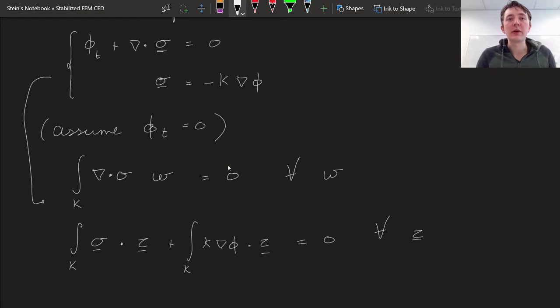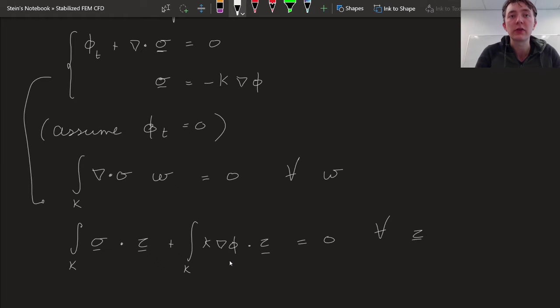So what was the next step in our derivation of the discontinuous Galerkin method? Well, we did integration by parts, and we did integration by parts on each element separately, because that's going to give us certain boundary terms, and we'll play around with those boundary terms. So in our earlier approach, we had only one equation, so we did integration by parts on this term. But now we have two equations, and we can, if we want, also do integration by parts on this term.